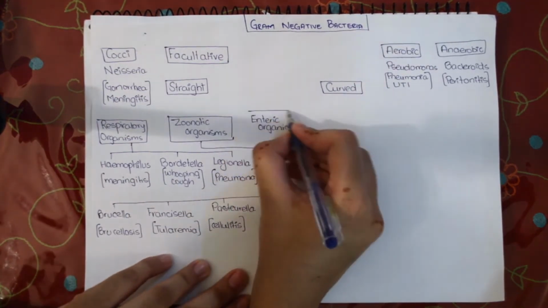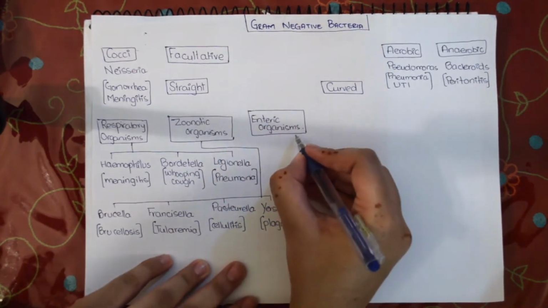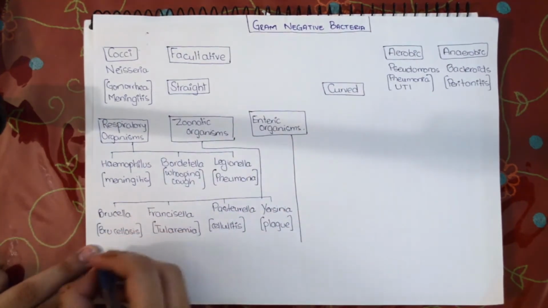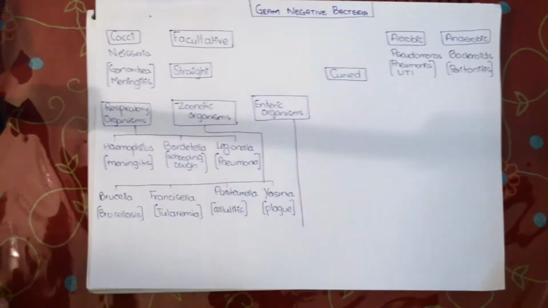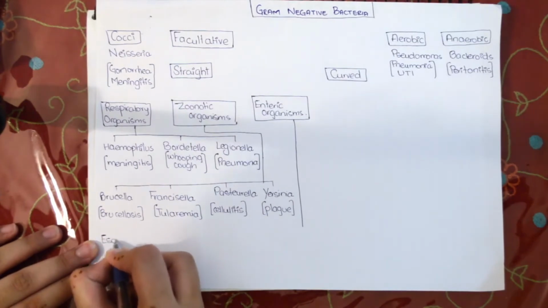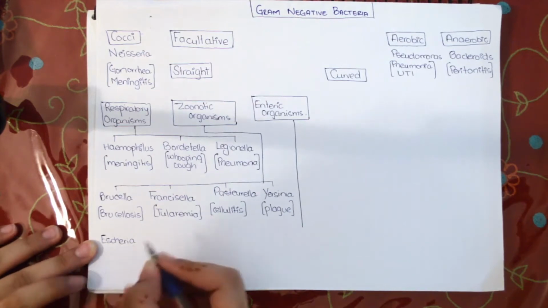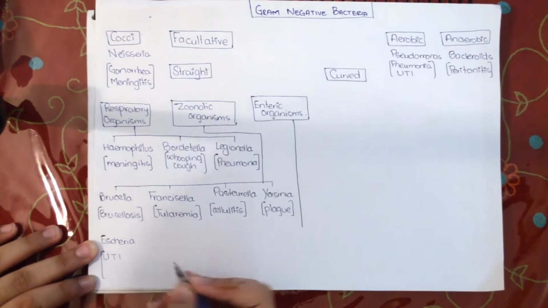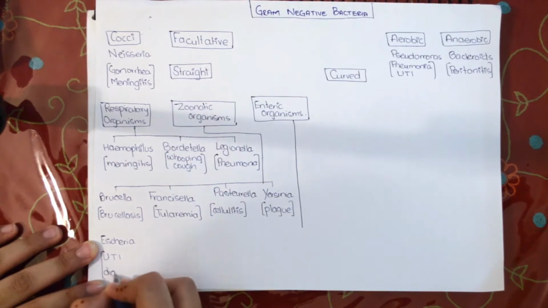After this comes the turn of the enteric organisms. Over here, first we have Escherichia, which causes UTI, that is urinary tract infection, and diarrhea.